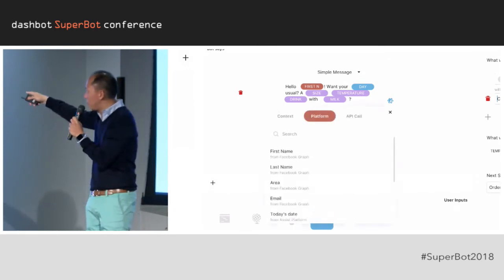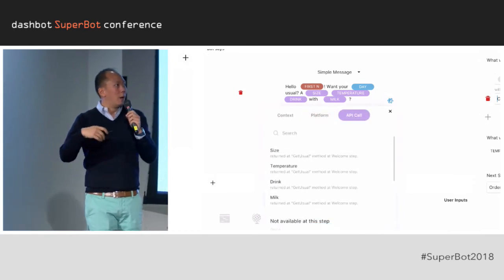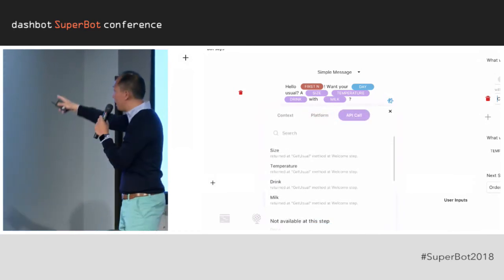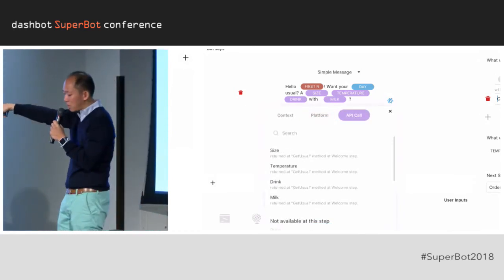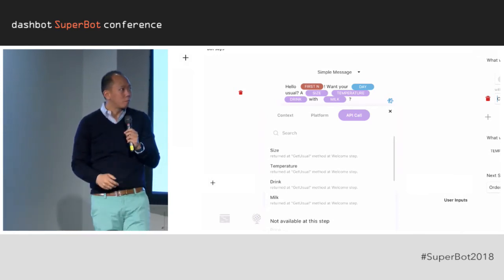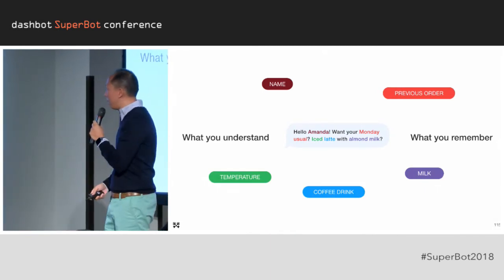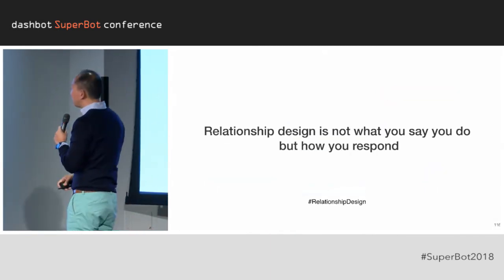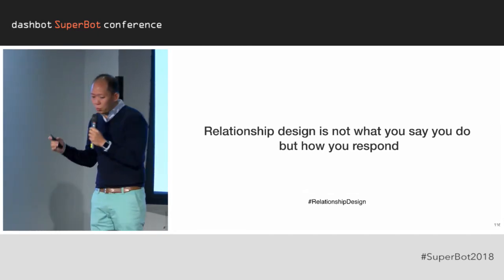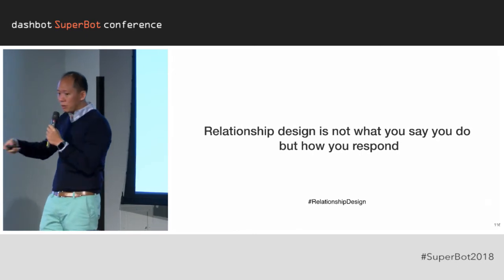And you have this menu where you can leverage platform data or also API call data. And here it's really important to understand what's not available at this step down below, such as the price. So once you collect that, then you can write that bubble. And so relationship design is really not what you say you do, but how you respond to your customer.